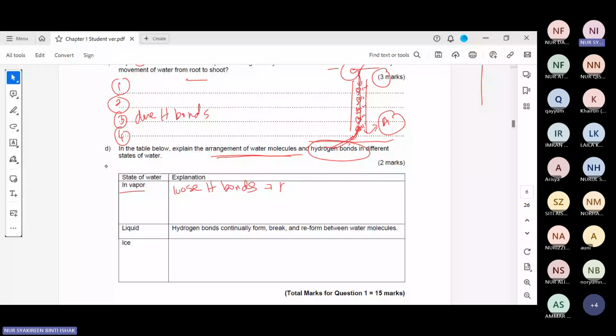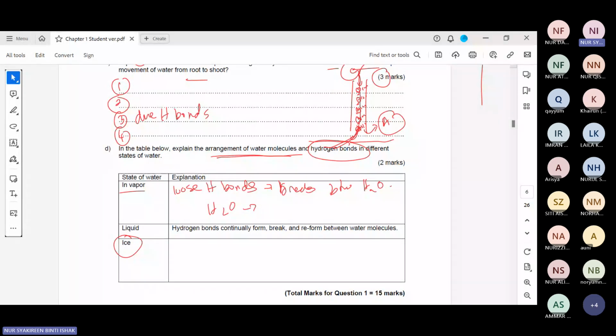Okay. So for ice, the formation of hydrogen bonds between the water molecules are more fixed. It is more rigid. It has strong and stable hydrogen bonds. Apa boleh?